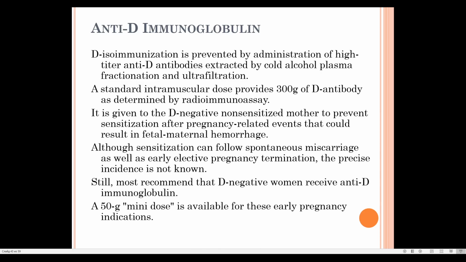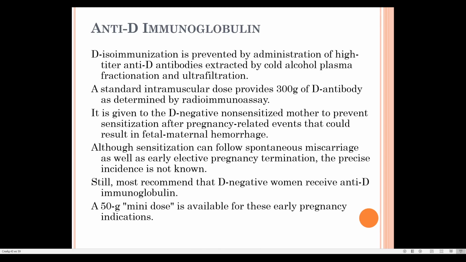Use of prophylaxis with anti-D immunoglobulin. Alloimmunization is prevented by administration of high-titer anti-D antibodies extracted by cold alcohol plasma fractionation and ultrafiltration. A standard intramuscular dose provides 300 micrograms of D antibody as determined by radioimmunoassay.